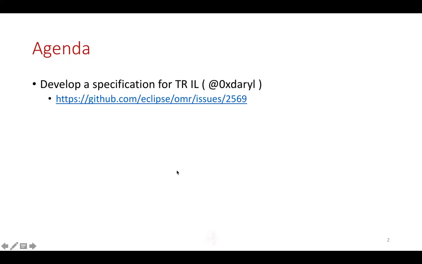Mm-hmm. Because if you wanted to introduce some node that has some very radical properties, like you were going to operate on your second grandchild, nobody knows that, and it's not a thing that exists at the OMR level. Mm-hmm. The optimizer at the OMR level will either A, do the wrong thing, or B, not be able to do anything.